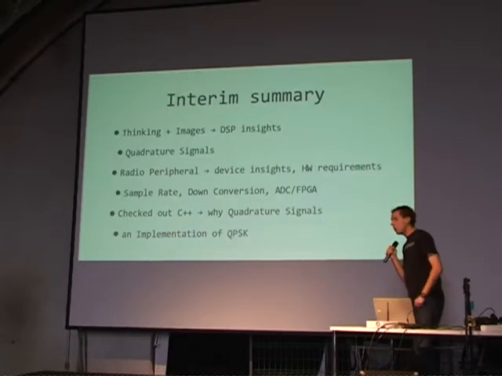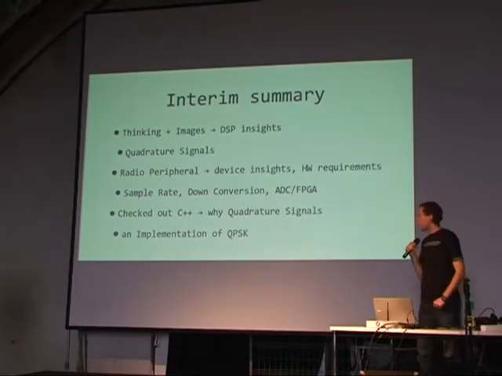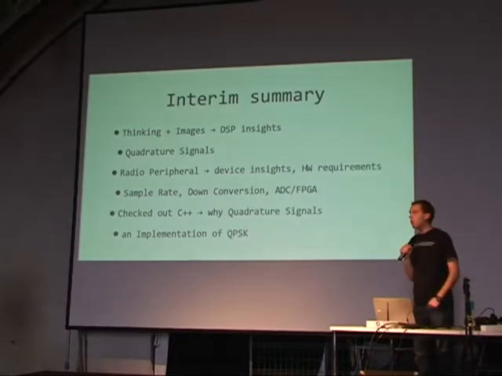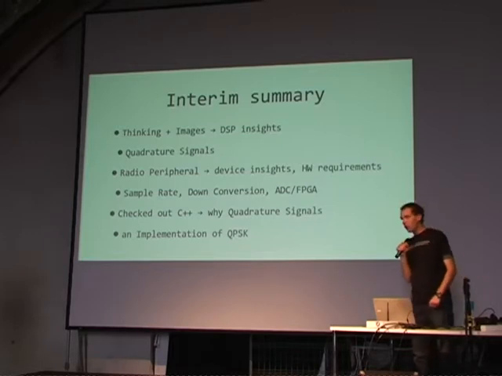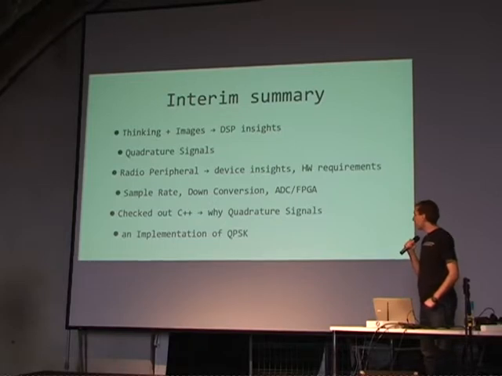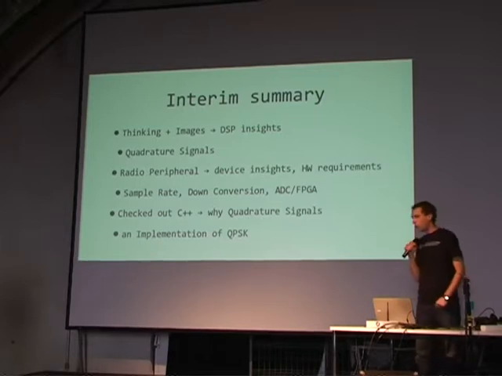So an interim summary here. All right, we have some DSP insights. We necessarily need that thinking model to apply our code, to have code that actually makes sense to design a transmission scheme. We understand quadrature signals, which are practically used in every communication system. We understand the radio peripheral and the device insights, which we gain, and the hardware requirements that there are, define what we can do currently with our radio peripheral.